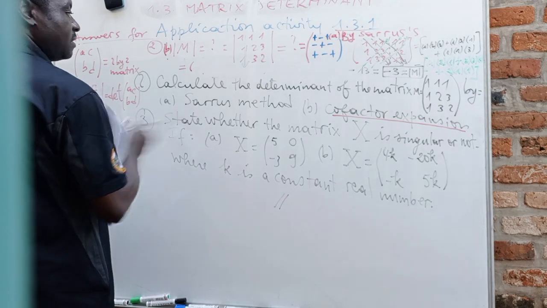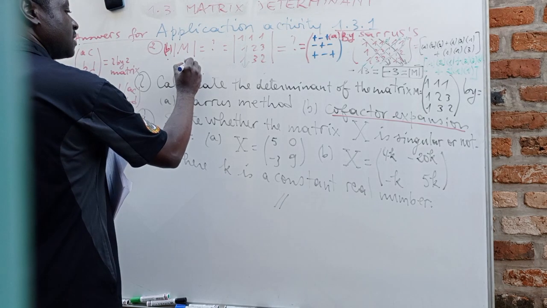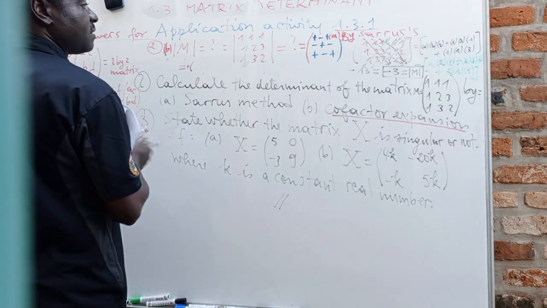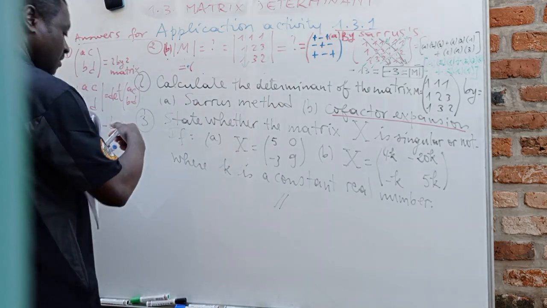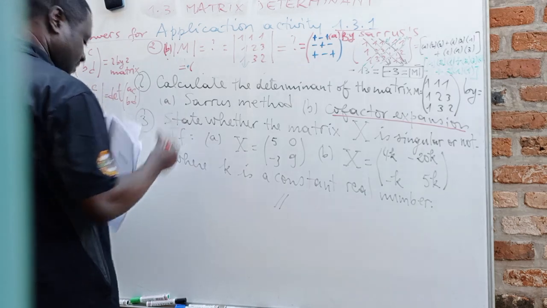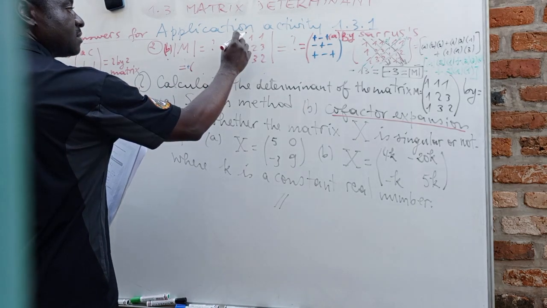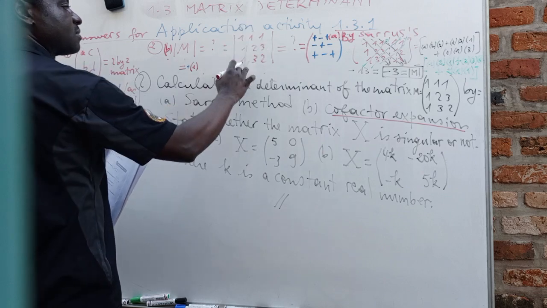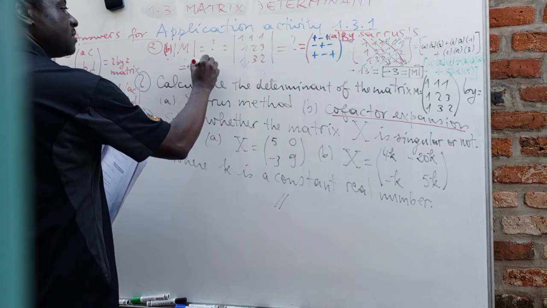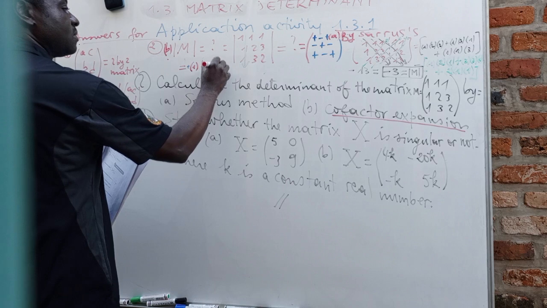Now this is what we are going to have. Here we have a positive sign. We are developing along the first column. Then we have the coefficient. This coefficient is 1. So times, now I remove this column and this row. Left is 2, 3, 3, 2.